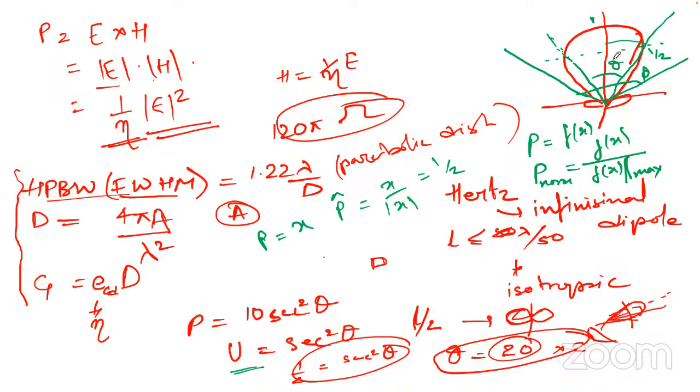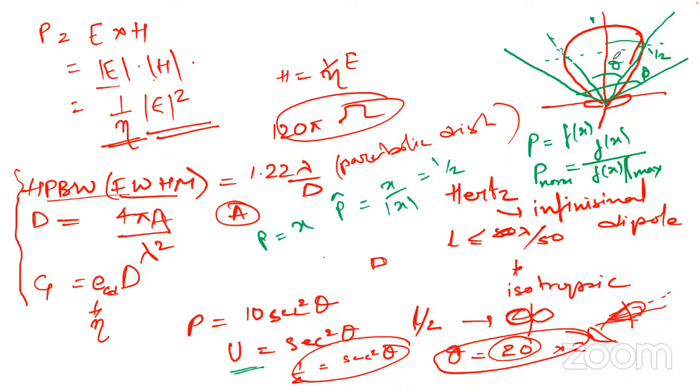Okay, sir. And if we are asked for half null beamwidth, then we need to equate it to 0. Is it correct? Correct. Equate with 0. And mostly you will find that instead of equating with 0, if you do twice the half power beamwidth, that will result in the full, first null beamwidth.